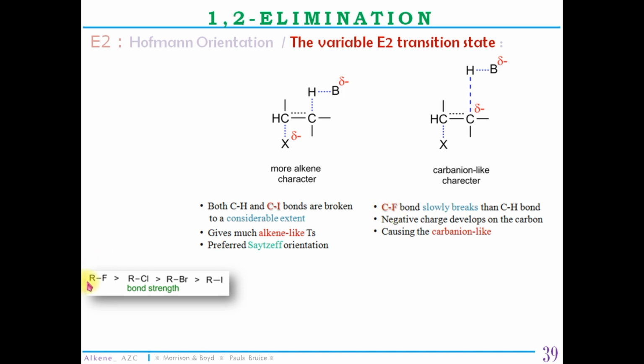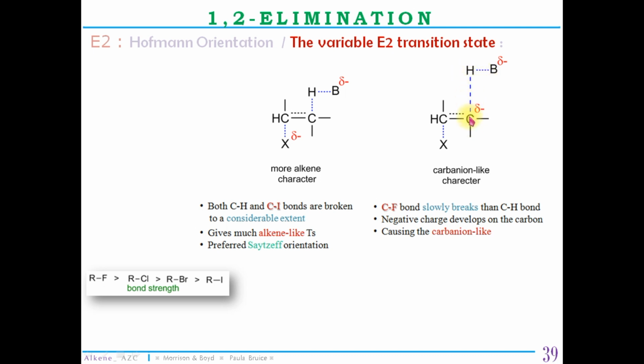We know the carbon-fluorine bond is much stronger than the carbon-iodide bond. So for this E2 transition state, the carbon-fluorine bond will not break to the same extent as the carbon-iodide bond. As the base is abstracting this hydrogen, there is partial bond making and here partial bond breaking.